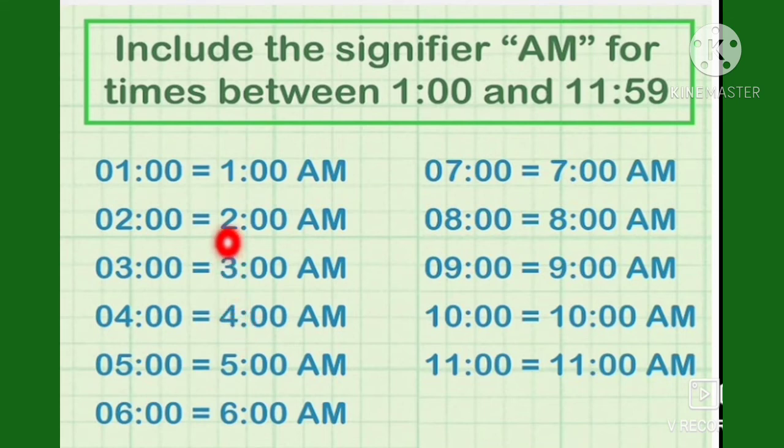And also, don't put the 0 before the hour representation. So, for example, 0100 can be written as 1:00 AM.